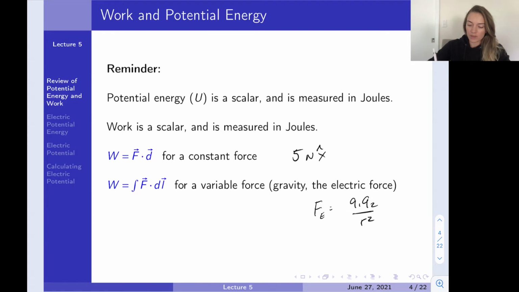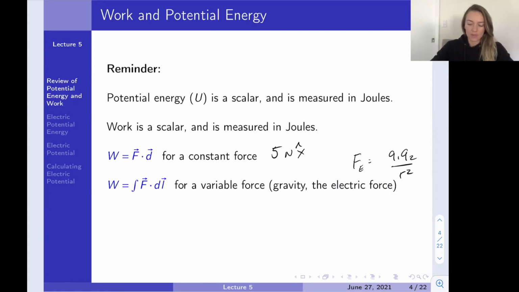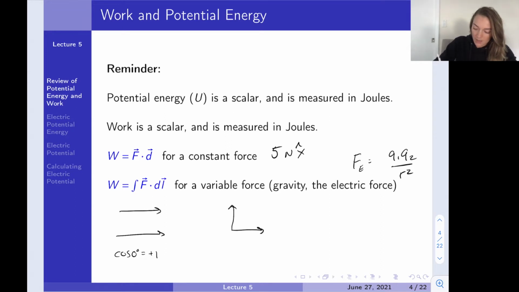And just a quick reminder with our dot products. So just recall, when we have our force and displacement in the same direction, that means our cosine is 0 degrees and we get a positive 1. So the work done when our force and displacement are in the same direction is always positive. Now, if it's perpendicular, so let's say this is our force and our displacement.